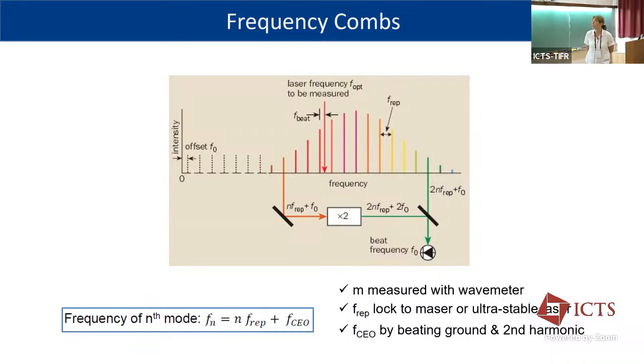Because this is in the microwave, so it's not magnified. The CEO, everything that you do in the optical, has to be at 10 to the minus 15 or 18. This is completely correct. But the repetition rate is totally sufficient if it's at the 10 to the minus 14 or 15 level, like a maser is.